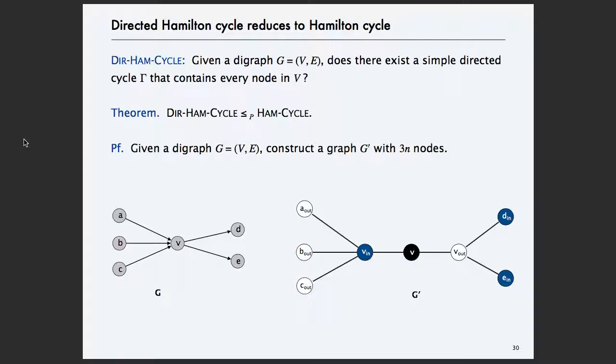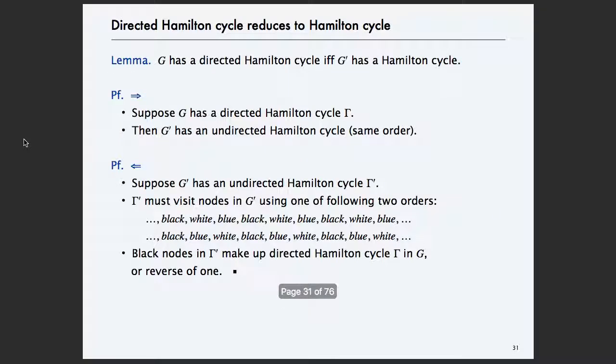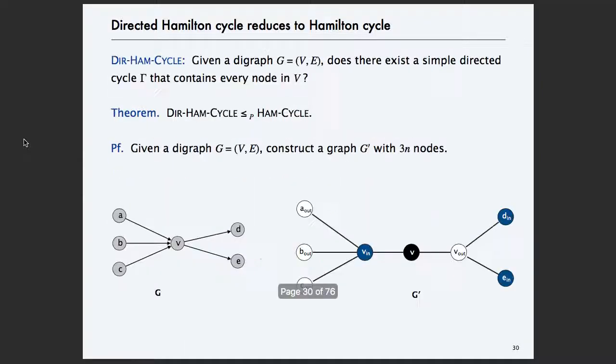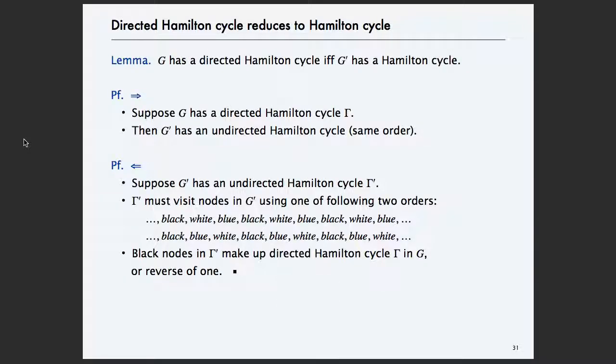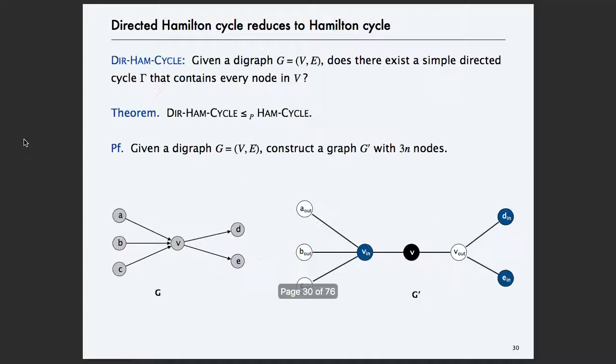If you have a directed cycle, then you can just do the undirected cycle by following the exact same thing in the same order. If you have an undirected cycle, then by looking at this, you have to be alternating blue, red, white, right?